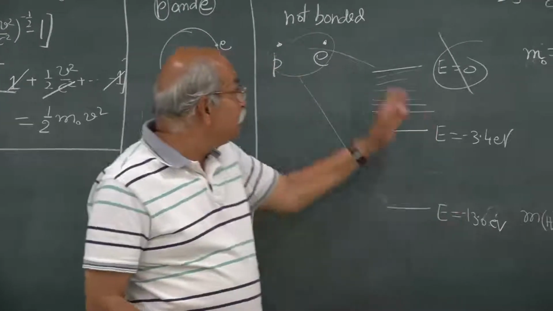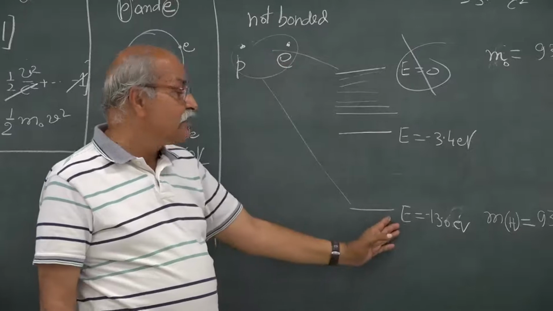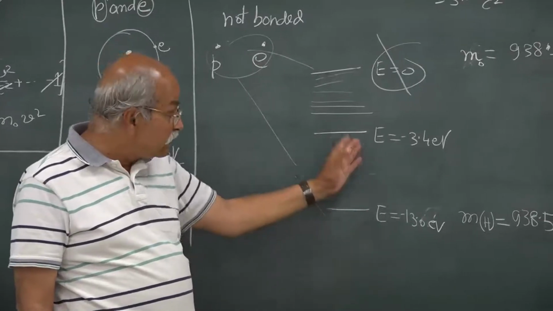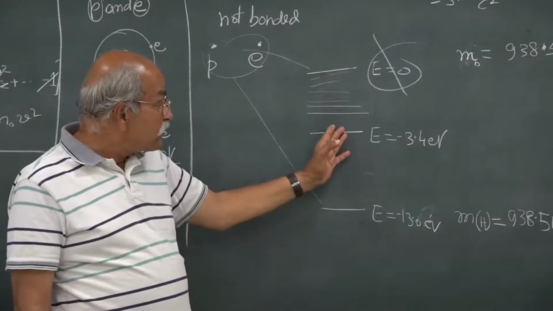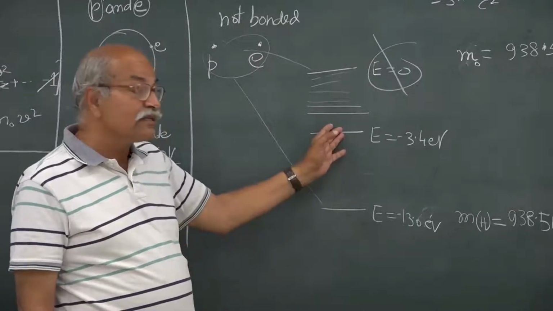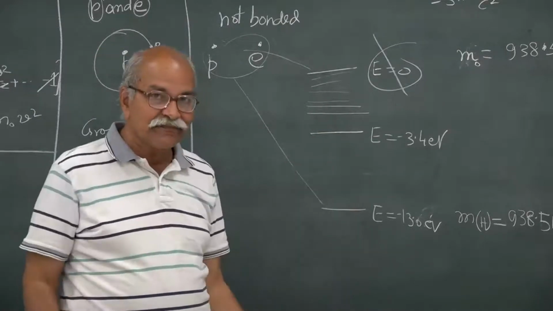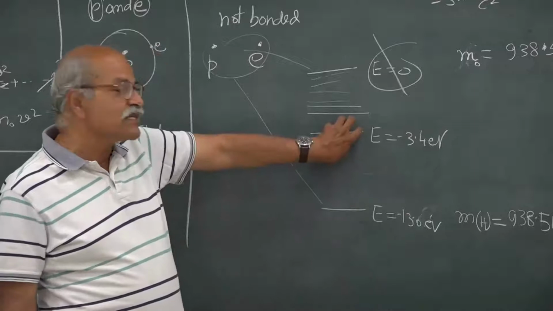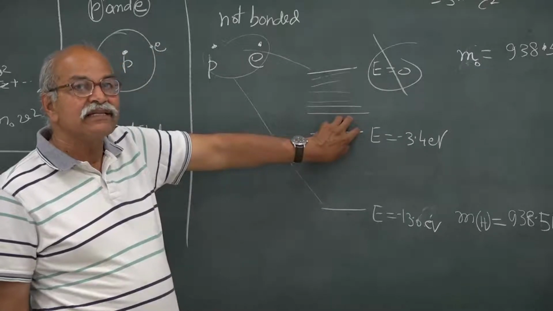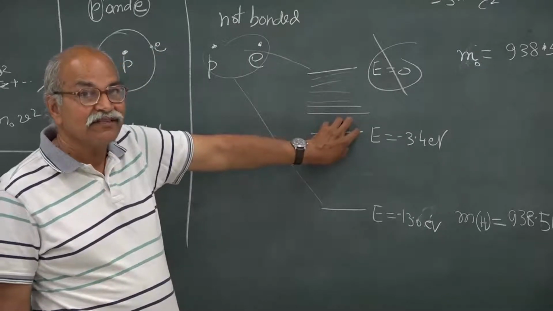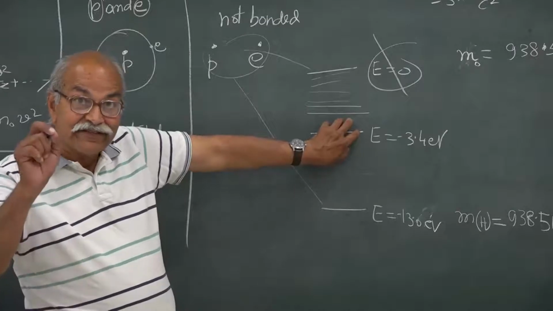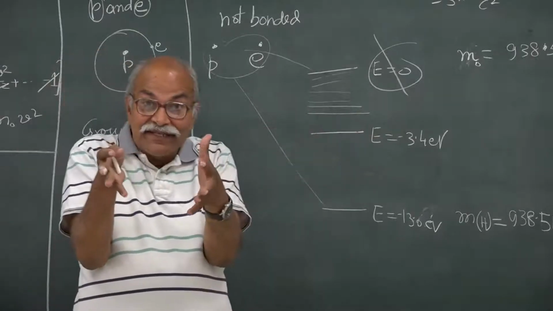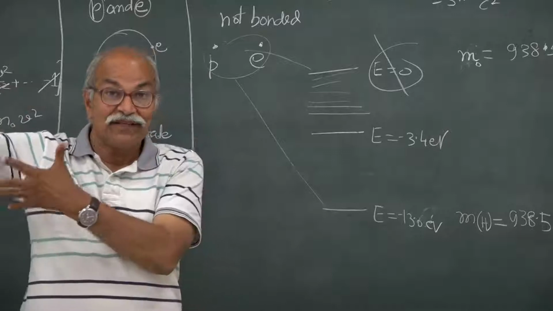Here the internal structure is different, here it is different, here it is different. In the first excited state, you give some energy and the hydrogen atom reaches this energy level, but it is still at rest. The atom as such is not moving.